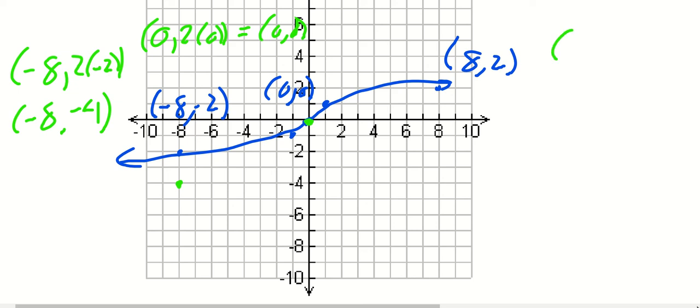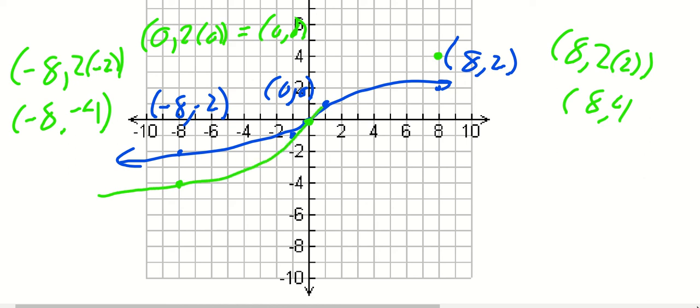And if 8, 2 is on f, then the point 8, comma 2 times 2, which is 8, comma 4, would be on the graph of g. And then once we know the overall shape, just nice and neatly connect your dots.